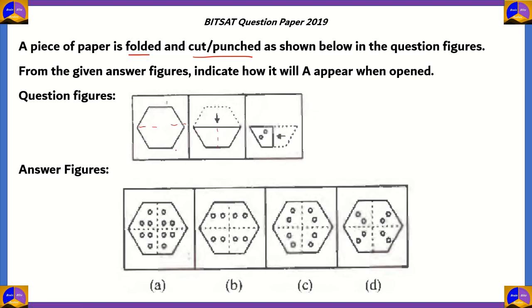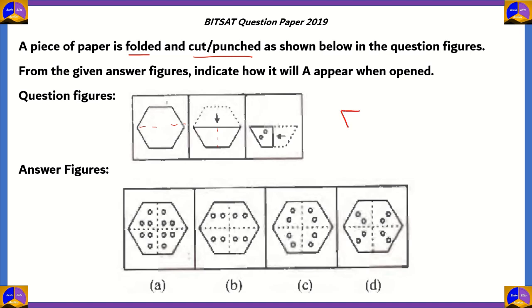In this particular question, we need to understand that when you fold paper and then insert a cut or a punch or a hole inside, that hole will be present throughout all the four folds of paper.